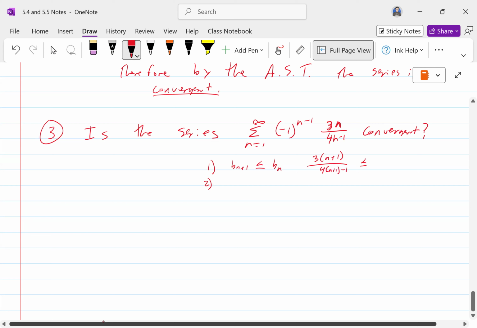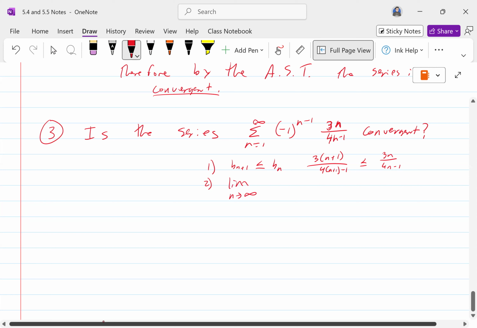Is that always smaller than the previous term, 3n over 4n minus 1? Again, we could do the cross multiplying thing here. Okay, and we could prove that, yes, that is true. This actually checks. Okay, but we can save ourselves some algebra here by just jumping to number 2.